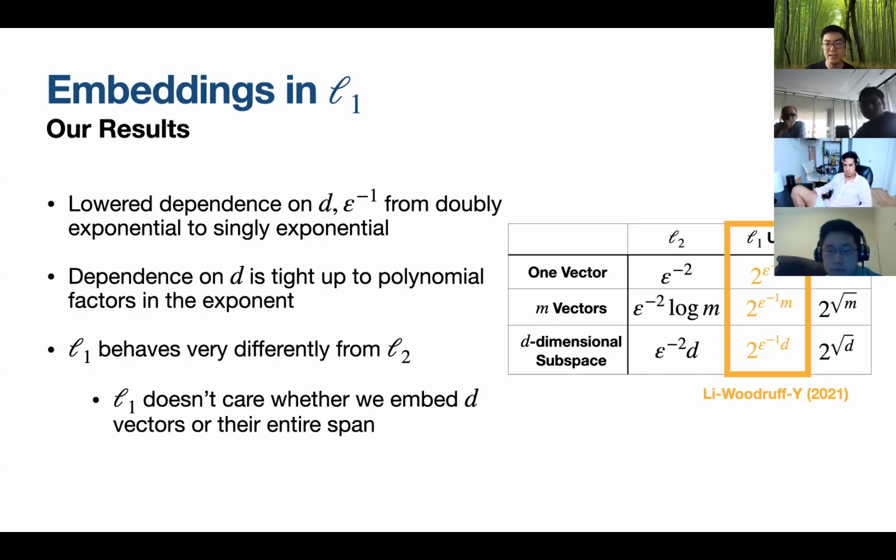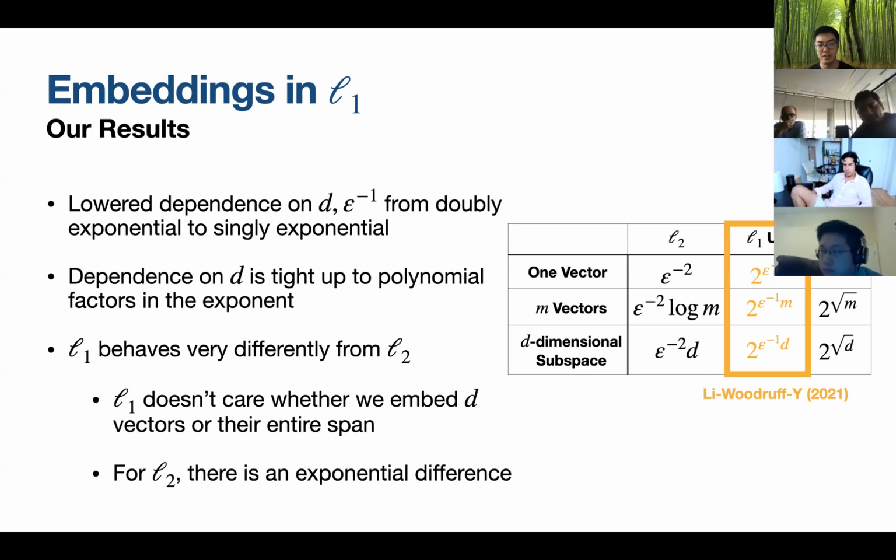For L1, it's as easy to preserve D vectors as it is to preserve an entire subspace. But on the other hand, for L2, there's an exponential difference. For M vectors, we only need log M times 1 over epsilon squared, but for a whole D-dimensional subspace, we require a dependence linear in D.